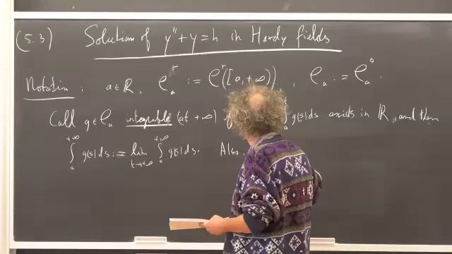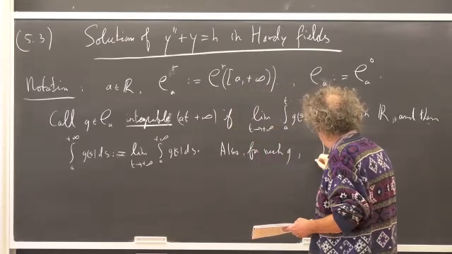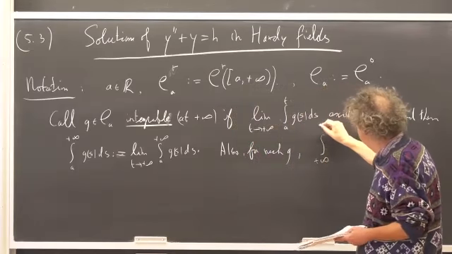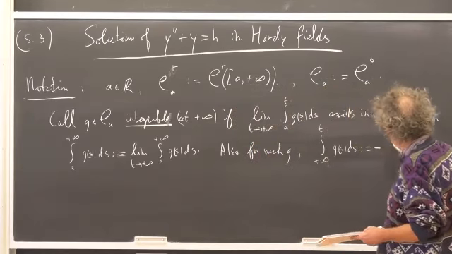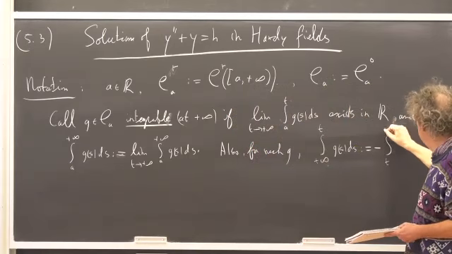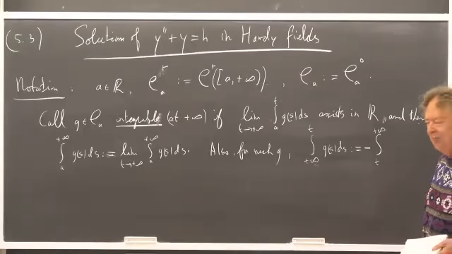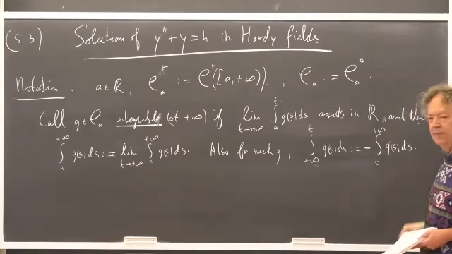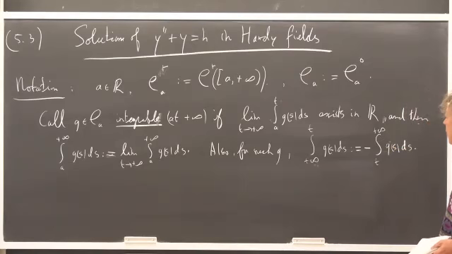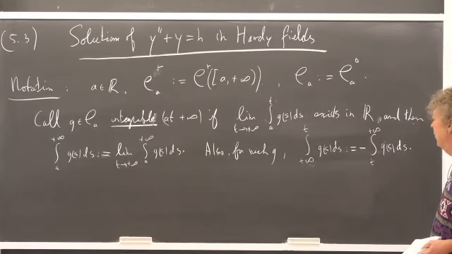I also sometimes want to write, for such g, if it's integrable, the integral from plus infinity to t of g(s) ds, which is then minus the integral from t to plus infinity. I want to think of plus infinity as the starting point rather than the end point, but it's just defined this way. Your definition of the integral from a to plus infinity is the limit when t goes to infinity of the integral from a to t, and not a plus infinity.